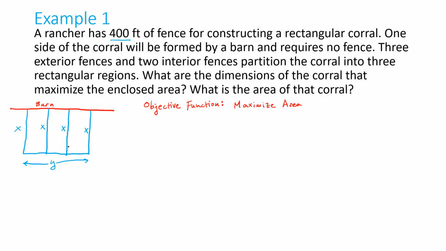What's the area of a rectangle? Yeah, exactly, xy. So that'll be our objective function, xy. However, what we notice is it depends on an x variable and a y variable. So our goal now is we need to write this in terms of a single variable using our constraint.